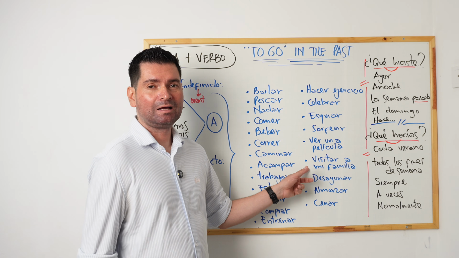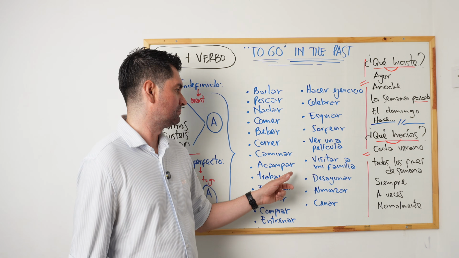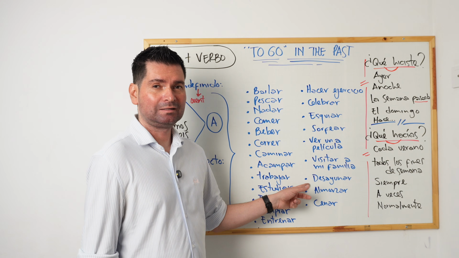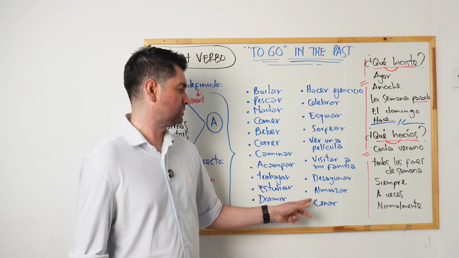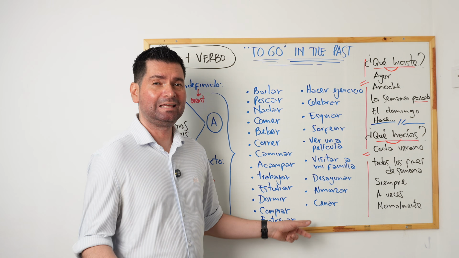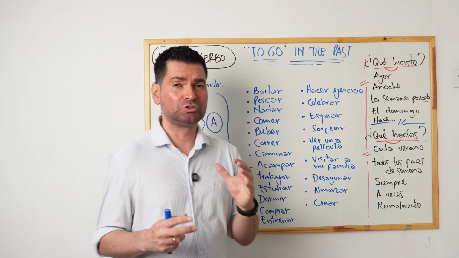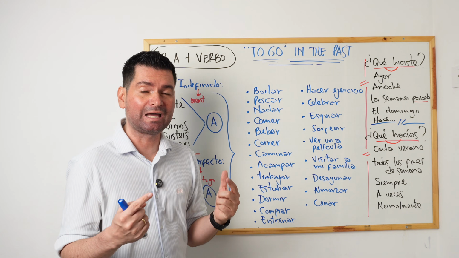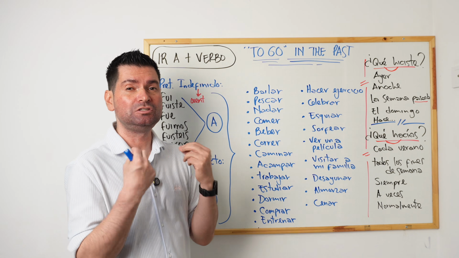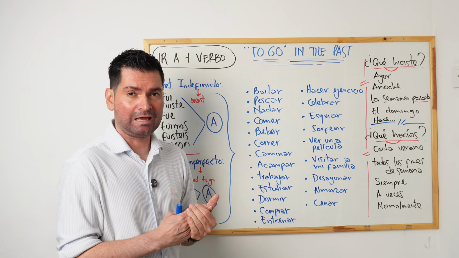Visitar mi familia, visit my family. Desayunar, eat breakfast. Almorzar, eat lunch. Cenar, eat dinner. So I invite you to start playing with these combinations to understand what they mean and how you can use them in your daily life.